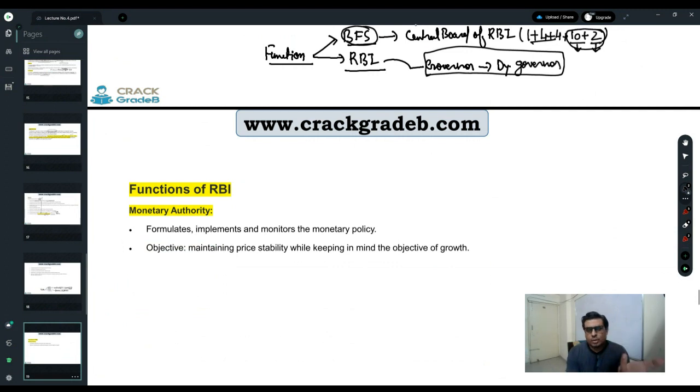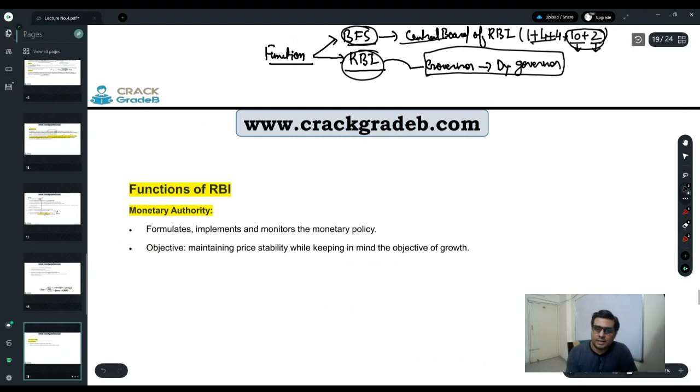Though yes, when we talk about the monetary policy function, it is not so right now. RBI does not have complete monopoly as it had before 2016, but still RBI has the upper hand while deciding the monetary policy, right? So that is why I want to let you know the functions of RBI in two categories: where RBI has more monopoly, and where RBI does not have monopoly but acts according to the advice tendered by the board.